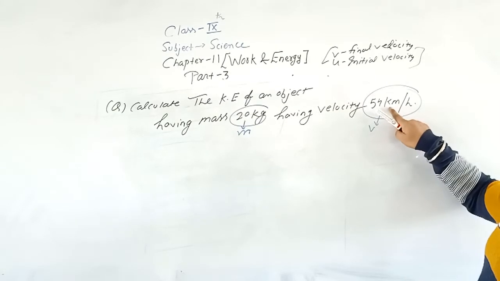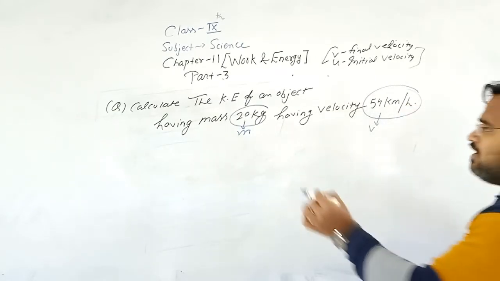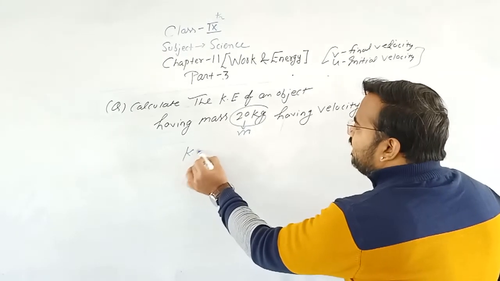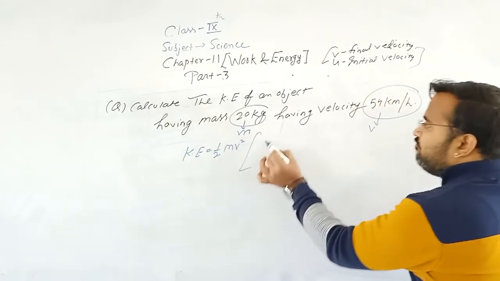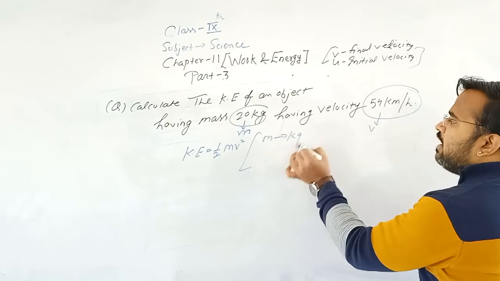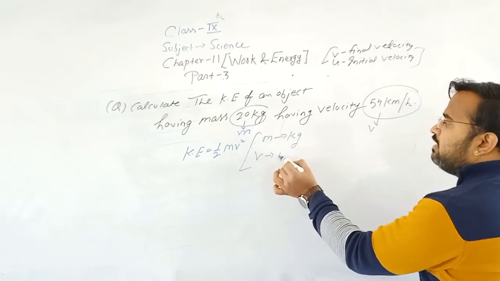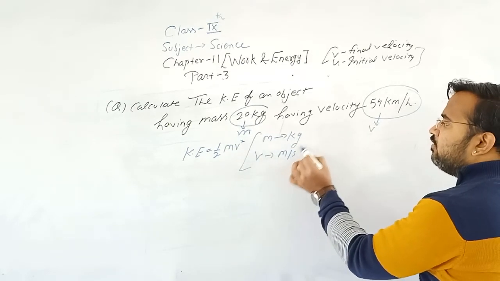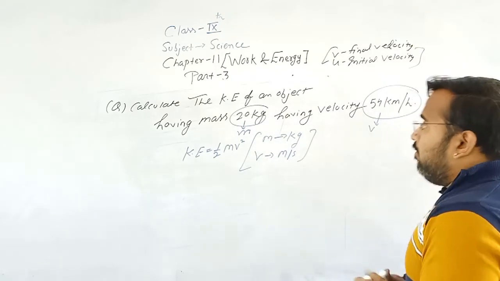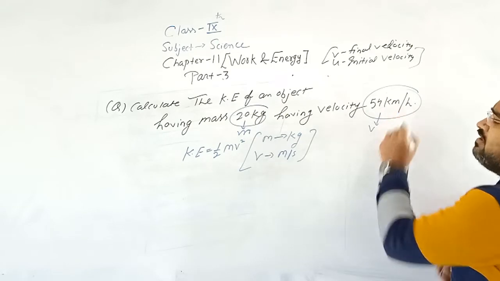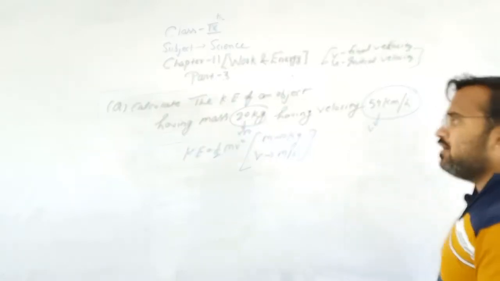Here the unit is given in kilometer per hour. As we have seen, kinetic energy is equal to half mv square, where m should be in kilogram and velocity should be in meter per second. But here the velocity is given as 54 kilometer per hour.